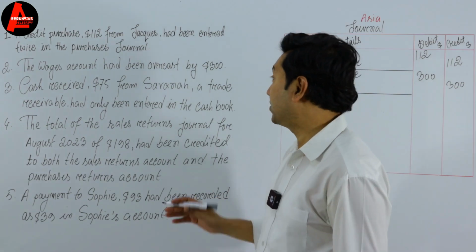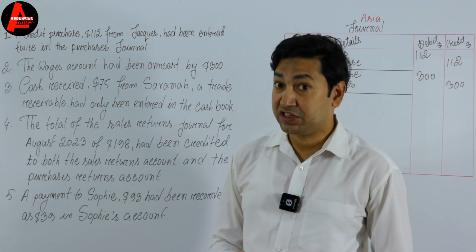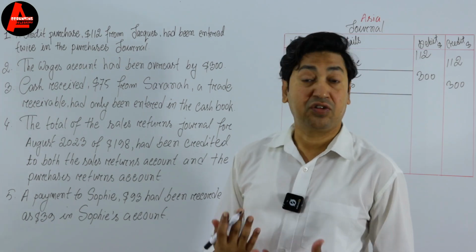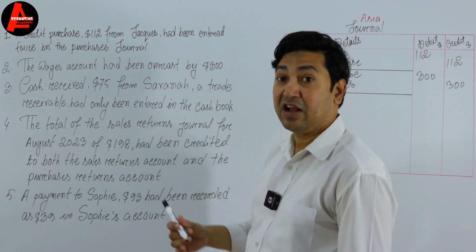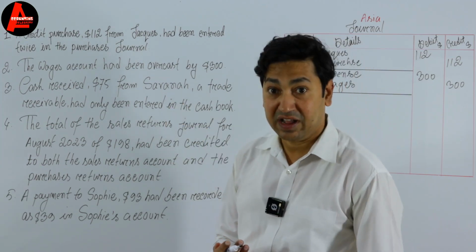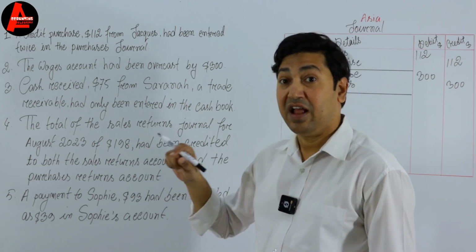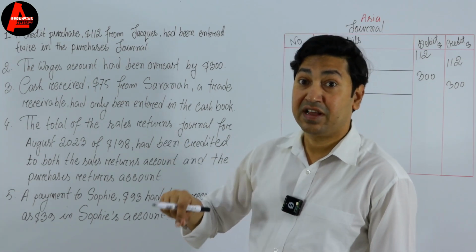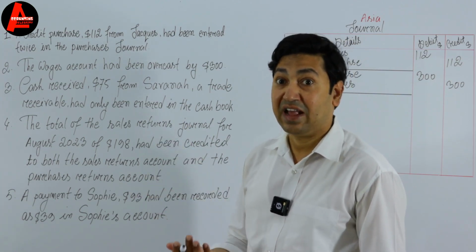Now what to do? Here we have no mistake with the cash book. Cash book is fine. So what is the normal transaction? Cash receipt means cash account to be debited, and the customer Savanah account will be credited. As we did not write any entry in Savanah's account and the normal side is credit, now we need to record it as credit.